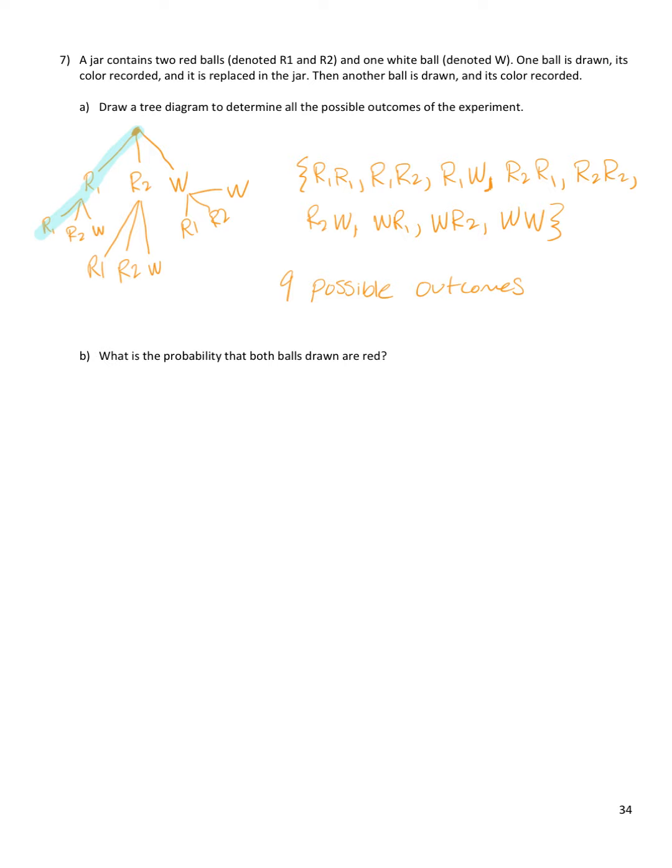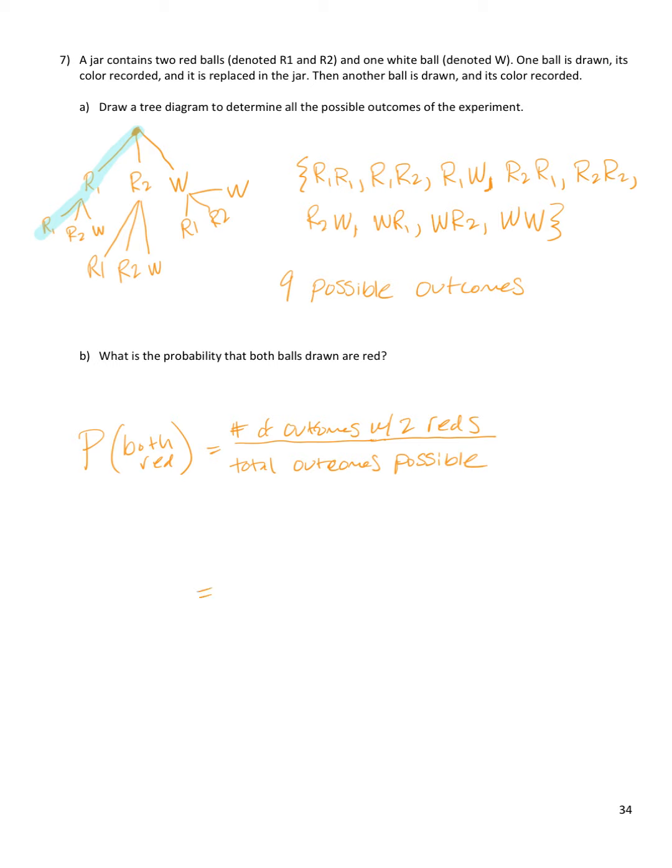Therefore, what is the probability that both balls drawn are red? So the probability that they are both red, well, it's going to be a fraction, and it's going to have total possible outcomes on the bottom, and the top is going to be the number of outcomes with 2 reds, divided by the total outcomes possible.